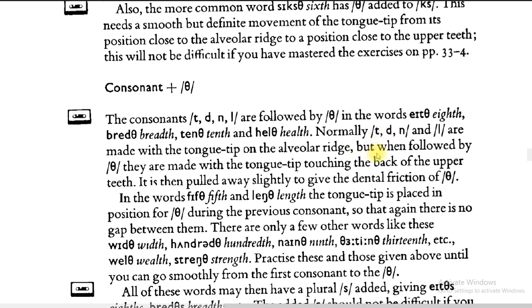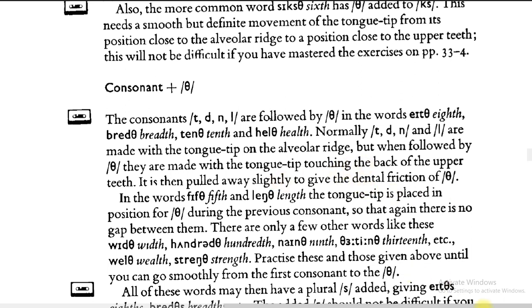The tip of the tongue, where it was against the alveolar ridge, moves to become close to the upper teeth. Instead of the tip of the tongue pressing the alveolar ridge, it becomes pressing or close to the teeth, as if approaching to resemble the place of articulation of the th sound. And then we have the dental friction for the th sound.